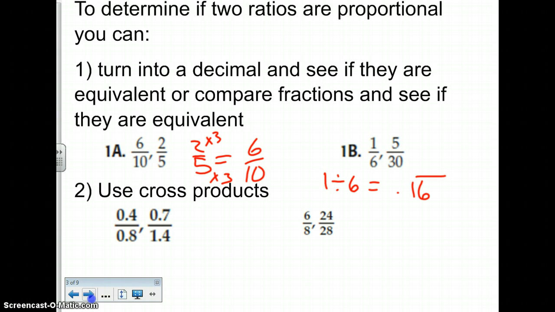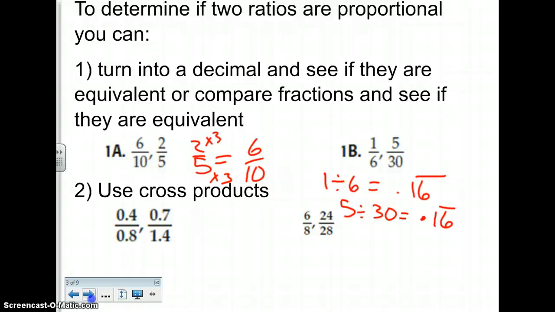The 6 is repeating. 5 divided by 30, if I enter that into a calculator, will give us the same answer. If the decimals are the same, and I put them into a calculator if need be, or just divide it longhand, if the decimals are the same, the two are equivalent. So that's another way to look at it.